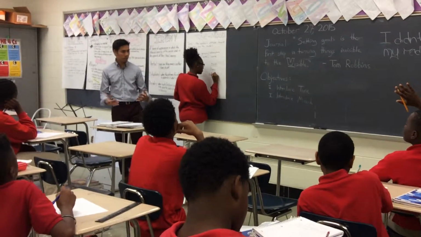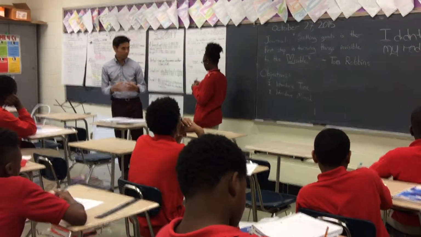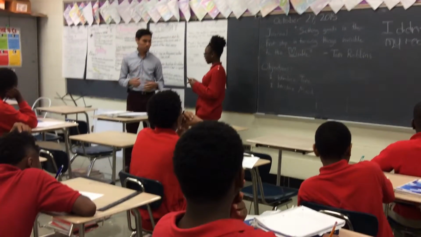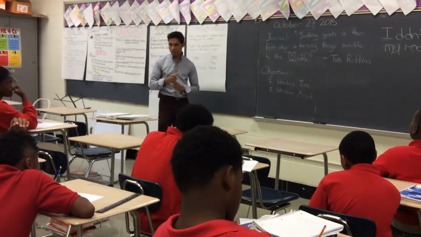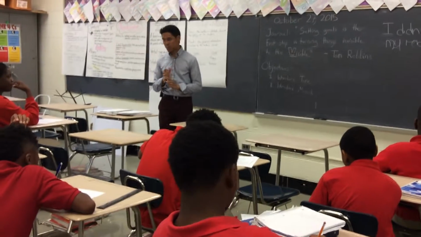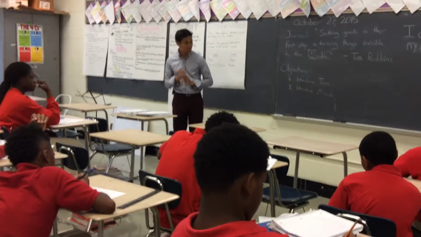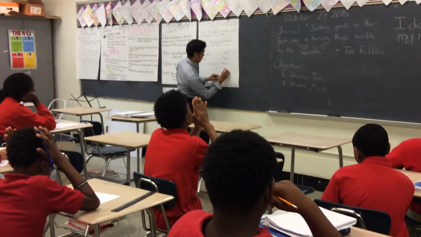Because we know that the situation is in some way hazardous. There's some sort of peril or conflict. Thank you. What I have down here for mood is also suspenseful. All of your answers were good, but keep in mind this is a good example of the difference between tone and mood.